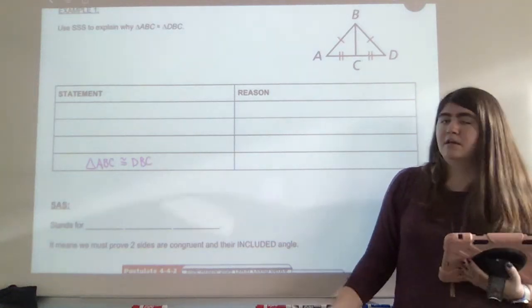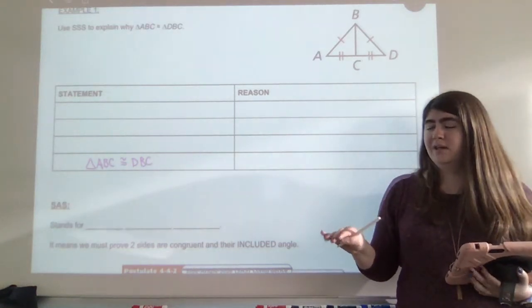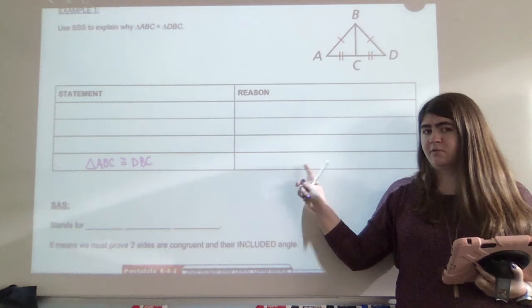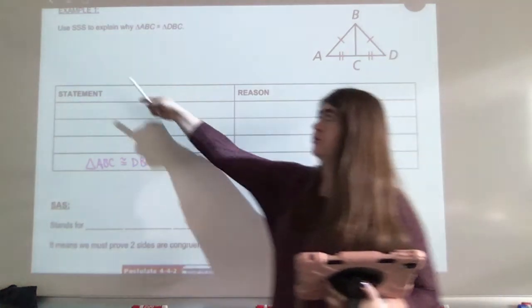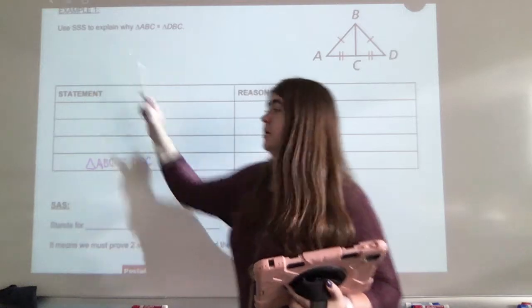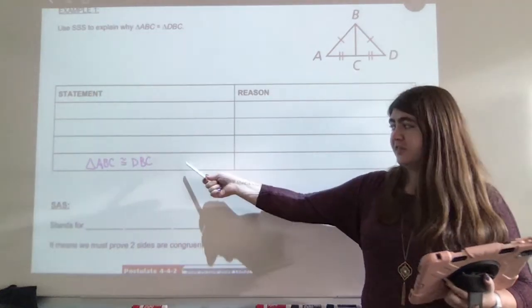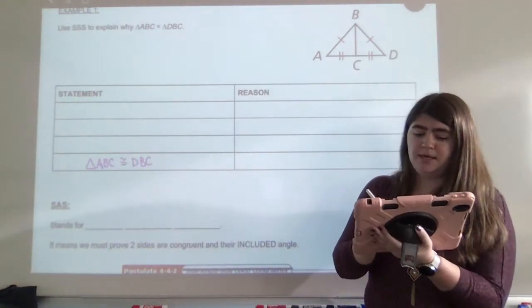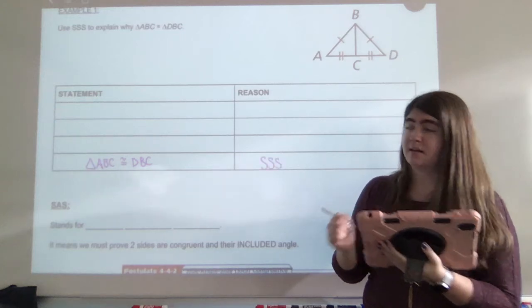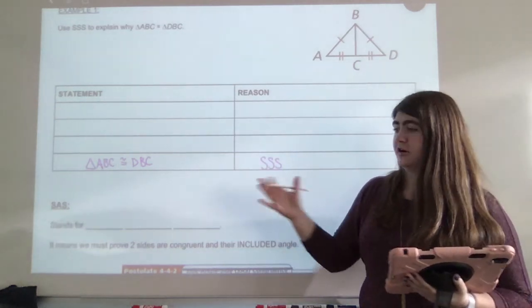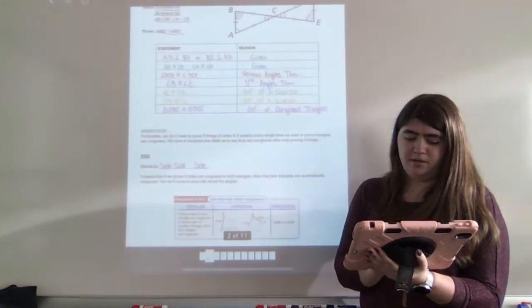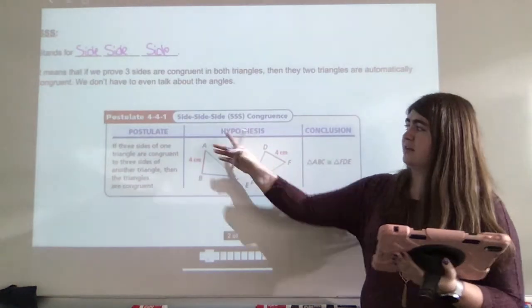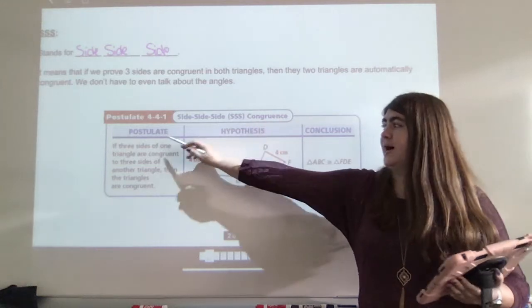Okay, before we didn't know what our reason was for explaining that. But this time we do, because we know that we're going to prove using the side, side, side theorem. So the reason for this to happen should be the side, side, side theorem here. And if you go back and look at that little section here, it just says side, side, side congruence postulate.